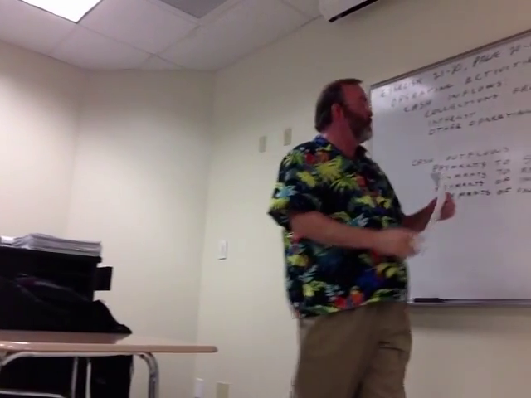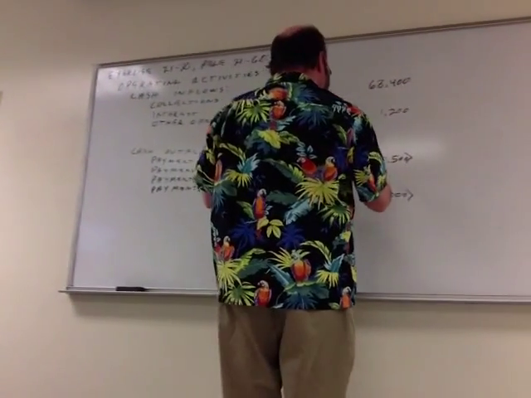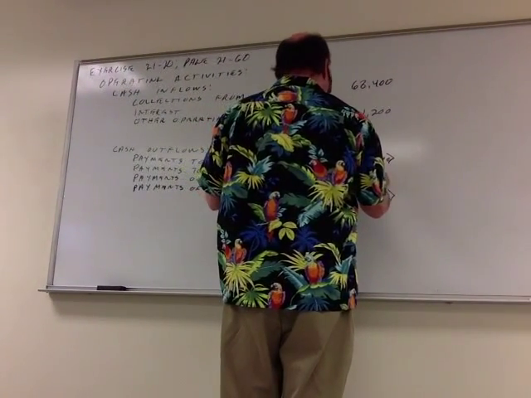Investment activity. Part of the long-term property, plant, and equipment section of the balance sheet. The asset side of the balance sheet. Payments to employees. Well, we got that one on the board already. $19,300.